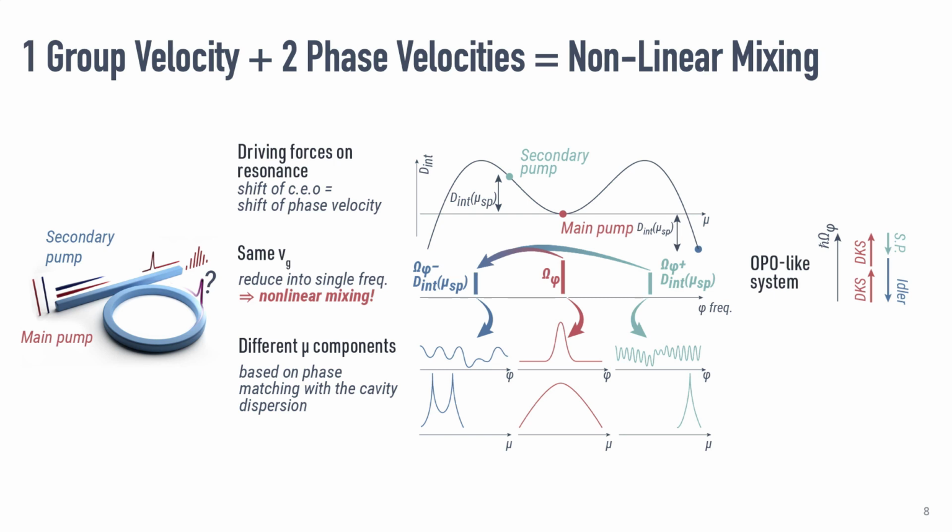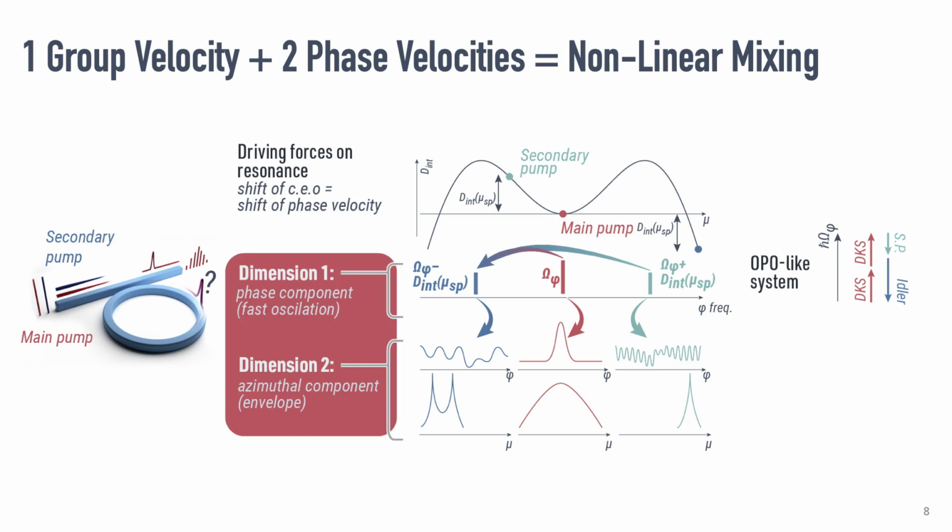This one is a CW-wave-ish type of system, which means this one is also going to become CW-wave-ish. What I drew here is not totally random; if you run the simulation, that's what it looks like, which means they will have different azimuthal components. So intrinsically you have two dimensions. The first one is the one you're used to, the azimuthal component, which is what we observe experimentally, right?